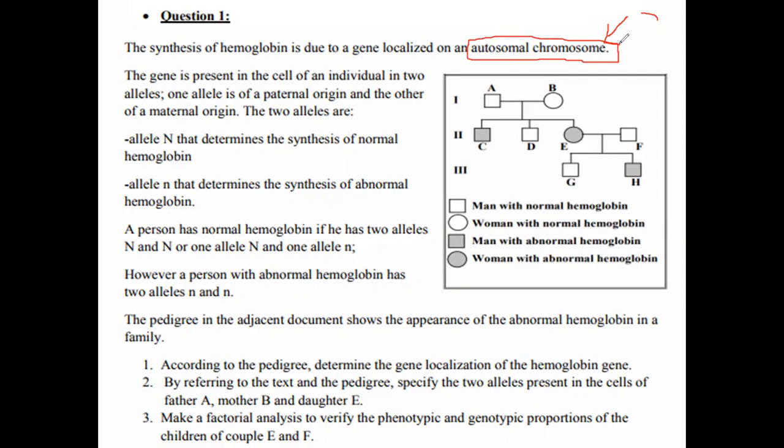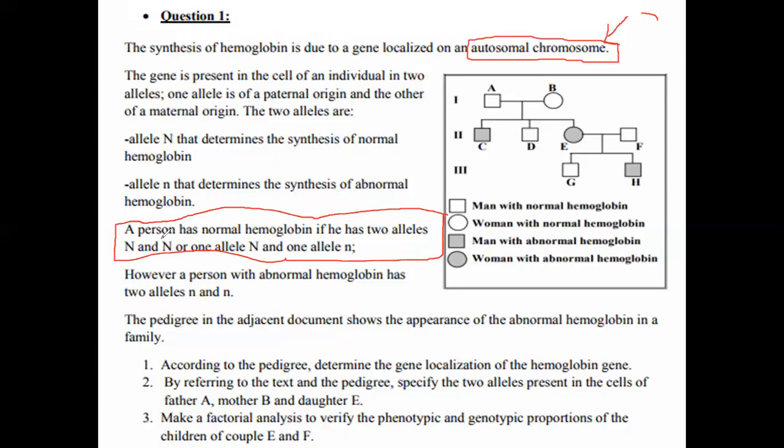The two alleles are allele N that determines the synthesis of normal hemoglobin, so allele N capital is the dominant, and allele n small that determines the synthesis of abnormal hemoglobin. A person has normal hemoglobin if he has two alleles N capital, or if he has N capital and n small. This sentence, if I told you to pick up from the text the sentence that shows that the allele of the normal hemoglobin is dominant, this is the sentence.